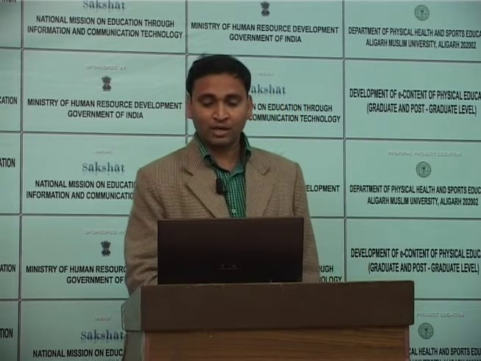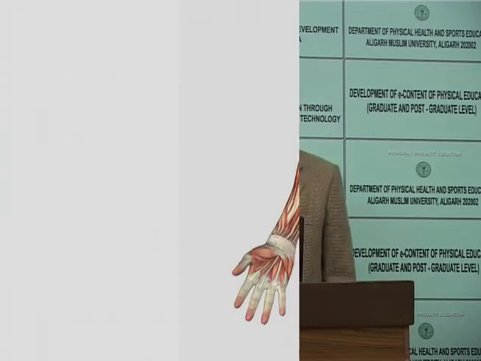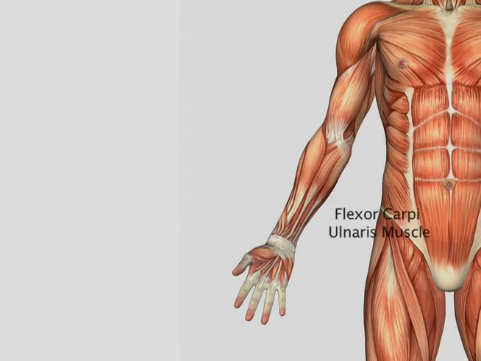Now the next muscle of this layer is flexor carpi ulnaris. This is the fourth muscle of the first layer of the anterior muscles of the forearm, and flexor carpi ulnaris has two heads of origin: the humeral head, which comes from the medial epicondyle of the humerus, and the ulnar head, which arises from the medial border of the olecranon as well as from the proximal 1/3 of the posterior border of the diaphysis of the ulna.